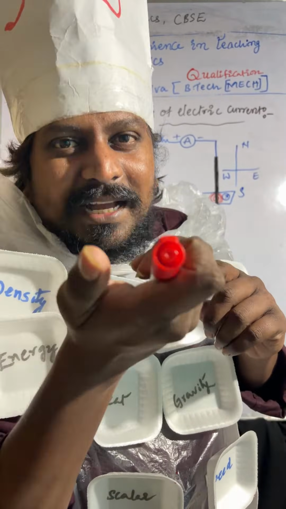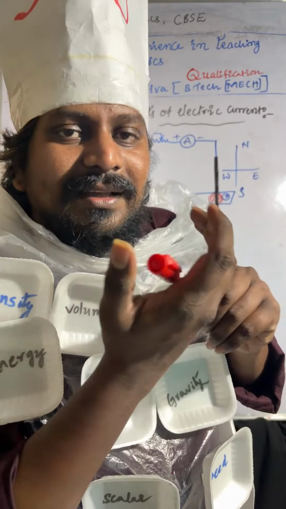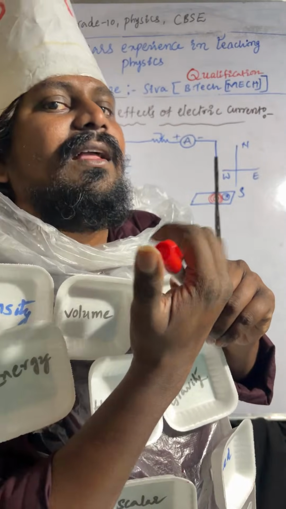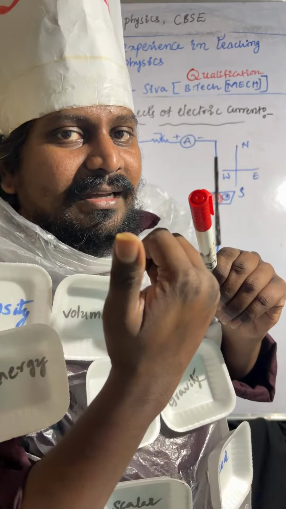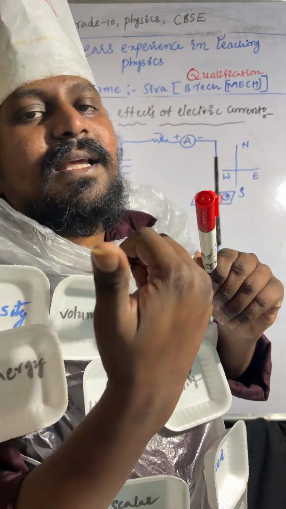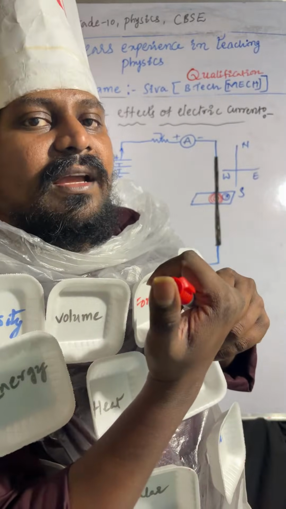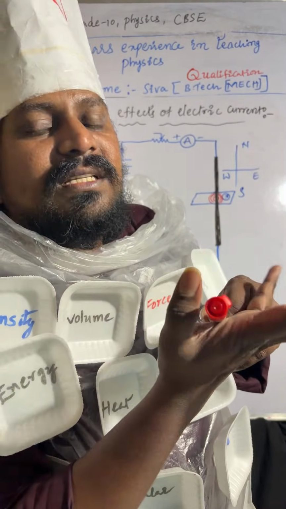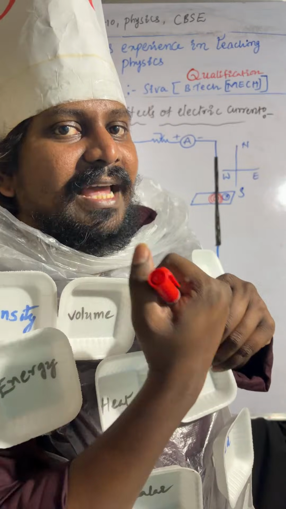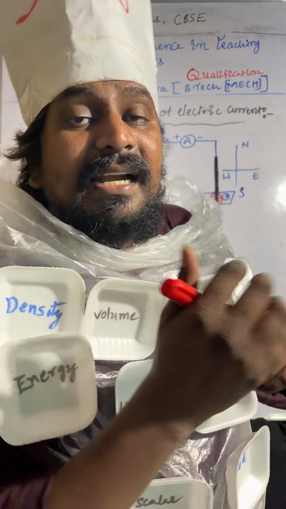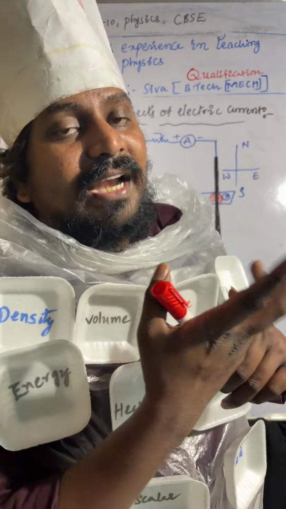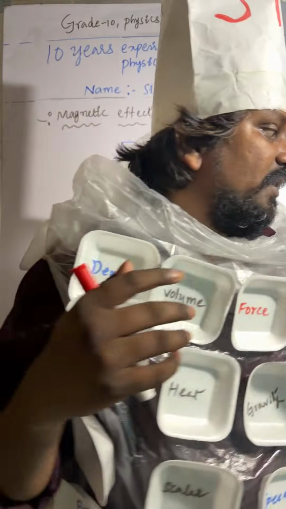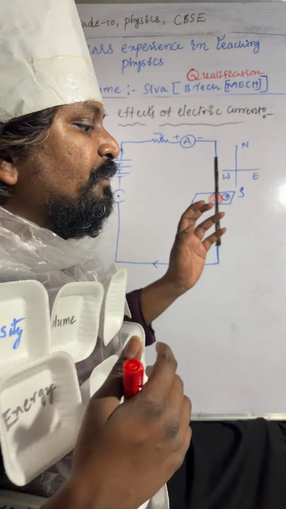If the current is passing towards you, you have to place the thumb along the current direction, and the curly fingers show the direction of the magnetic field. That is the anti-clockwise direction. Understood or not? I hope it is very clear.